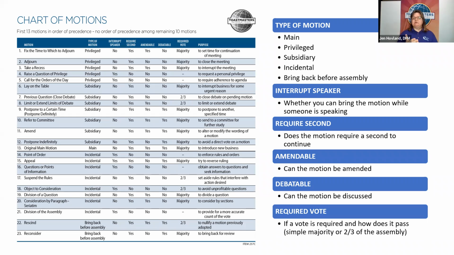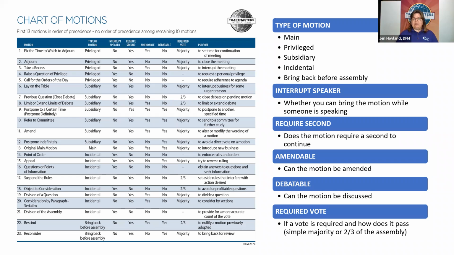That's why this chart of motions is phenomenal. The first time I learned about Parli Pro happened to be in that young adult organization, and I understood then why I got shut down from my military meetings. I was taught by someone who actually deals with this all the time because he's part of a union. He just brought in a simple chart of motions and said, as long as you follow the chart of motions and you're respectful to everybody, you're meeting Parli Pro.